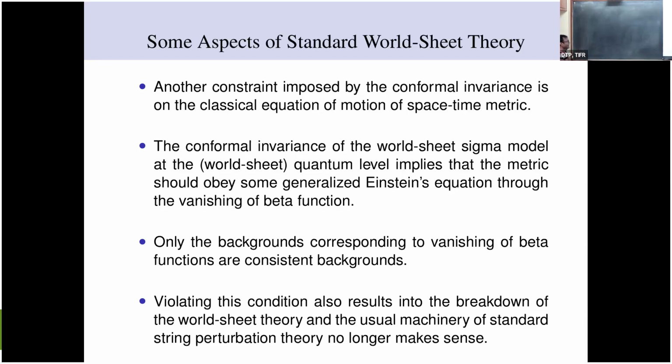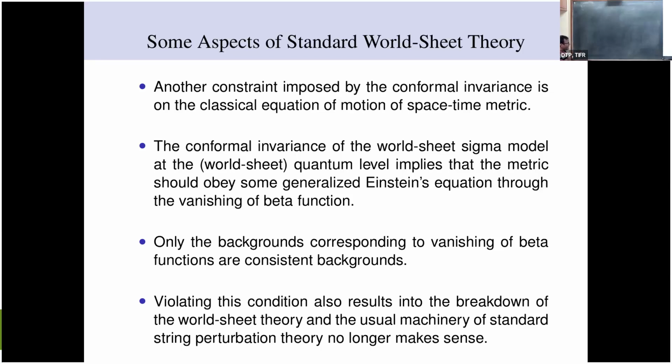Only backgrounds for which these beta functions vanish are consistent. Violating this condition results in the breakdown of the worldsheet theory, and the usual machinery of standard string perturbation theory does not apply.